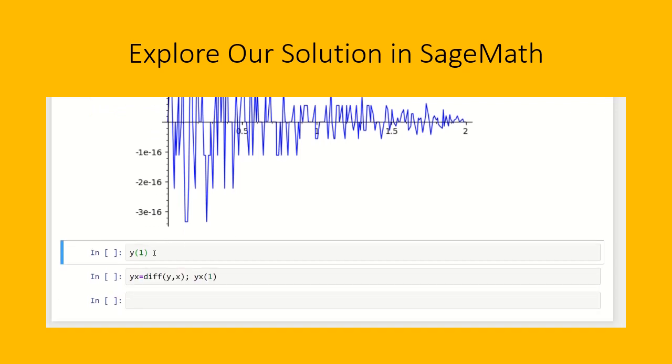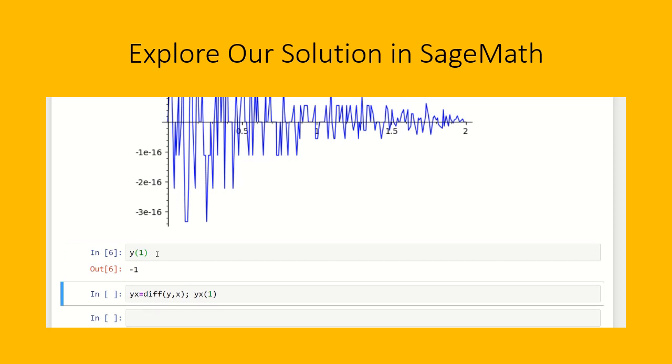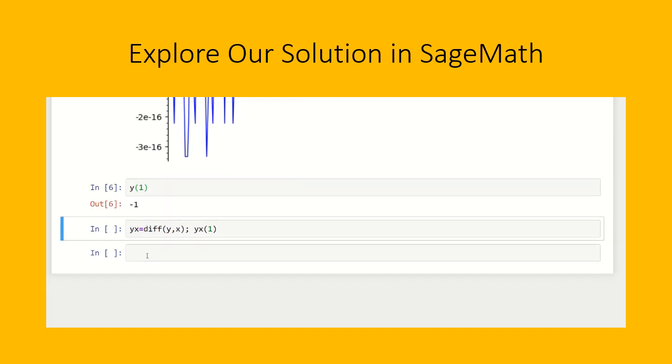Our solution y of x at x equals 1 should be minus 1. So let's evaluate y of 1 and see what we get. Minus 1. How about the derivative of y with respect to x? Let's let yx equal the derivative of y with respect to x, and then let's evaluate yx of 1. What is the derivative of y evaluated at 1?